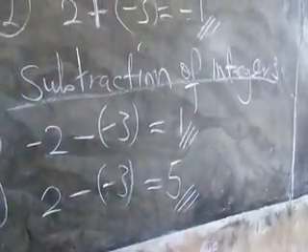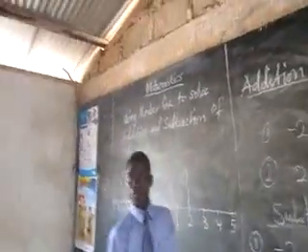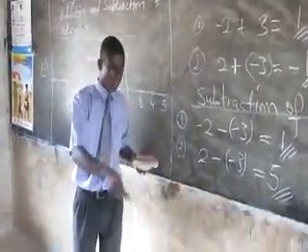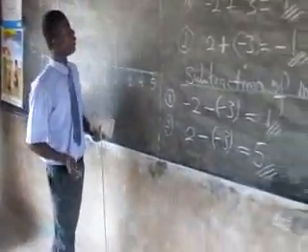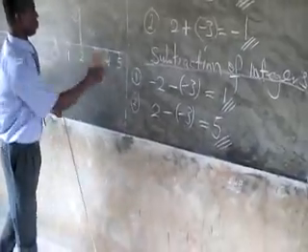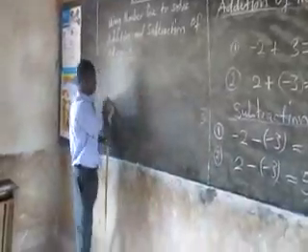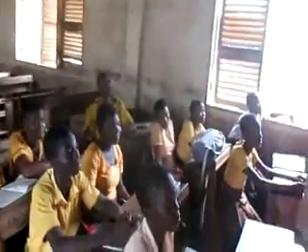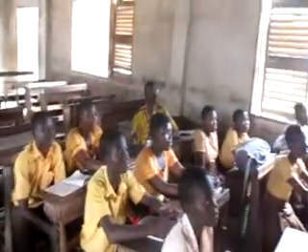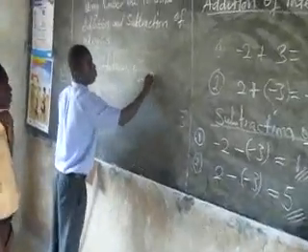Good. Now let me use a number line on the floor to demonstrate this simple integers. Good. So, Michael, come. Come. Let's say, let's addition.